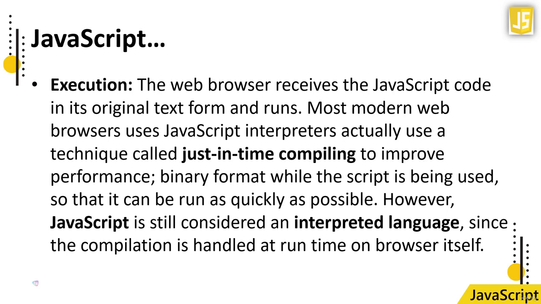The script is converted to a binary format while it is being used so that it can run as quickly as possible and give the output. However, JavaScript is still considered an interpreted language since the compilation is handled at runtime in the browser itself. There is no need for any other compiler or server for JavaScript on the client side.